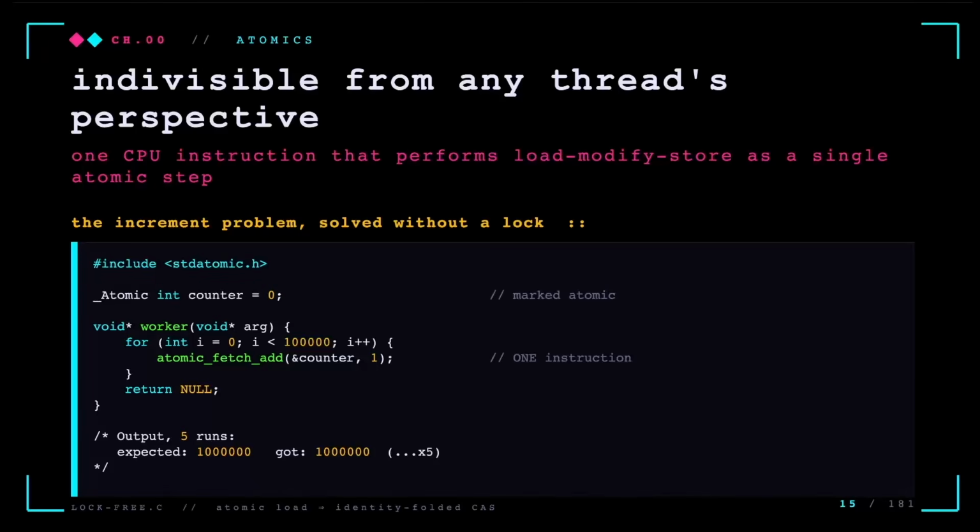So they go hand in hand. And in our case, we have our worker function, which is the exact same. Instead of counter plus plus with a lock in between, we are using atomic fetch add. It's as the name suggested, we're going to atomically fetch counter and add 1 to it.